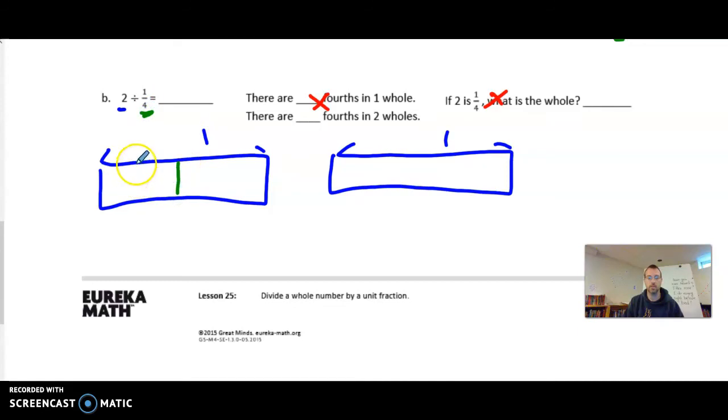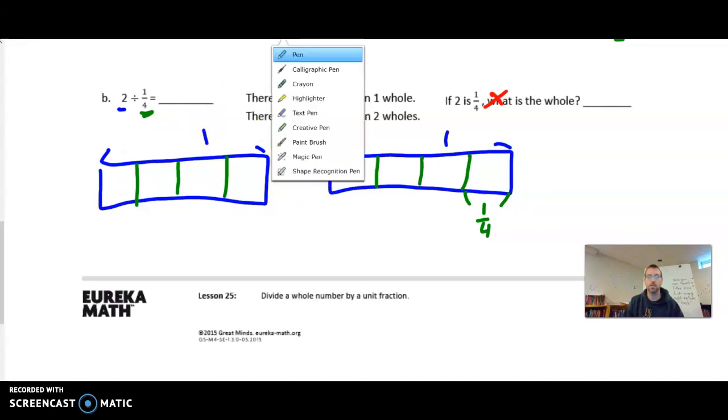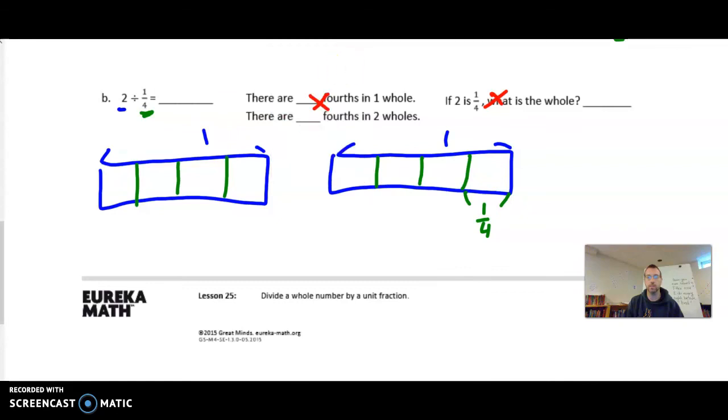Now there's our halves. There's our fourths. We'll label one of those pieces just to demonstrate that that's fourths. And I'm going to take each of those and put it into a group. So this fourth is going into a group.